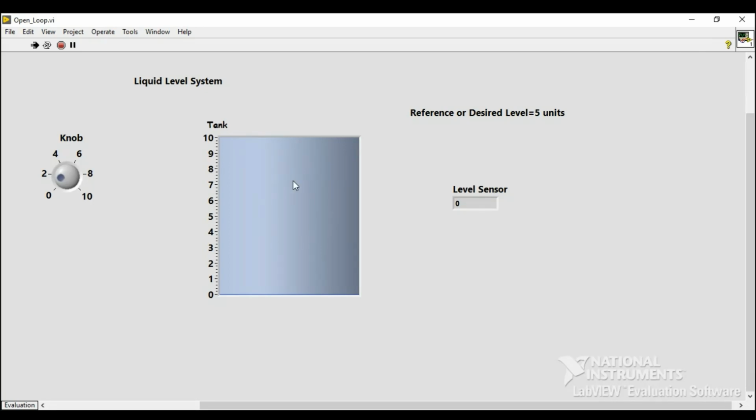Here a tank is present and there is a knob which controls the inflow or outflow of liquid, and in that way it controls the level of liquid present in this tank. There is also a level sensor or a height sensor attached to the tank which shows the height of liquid present in this tank.